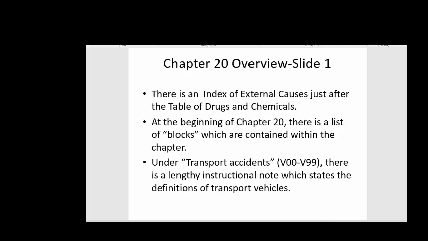If you go to Chapter 20 in your code book, there's a list of blocks that tells you what's contained within this chapter. And under transport accidents, which is quite a large category, there's a lengthy instructional note that defines the different transport vehicles.